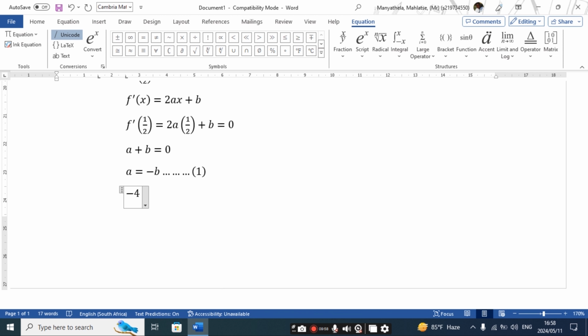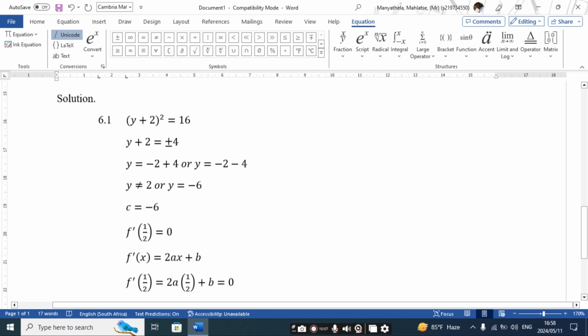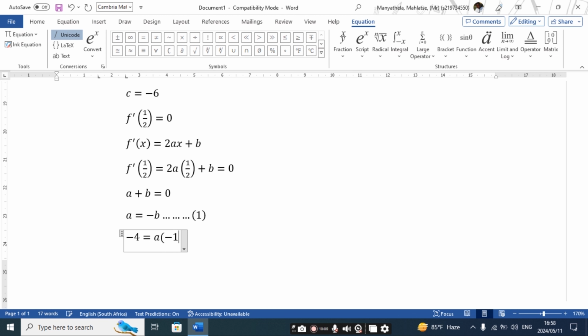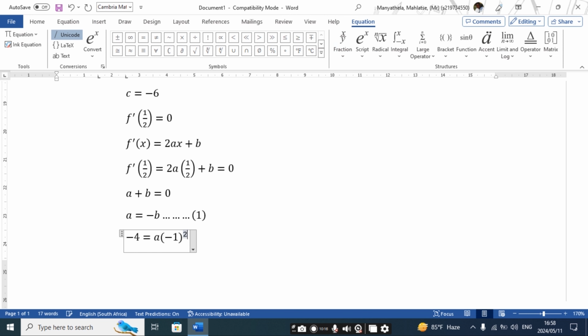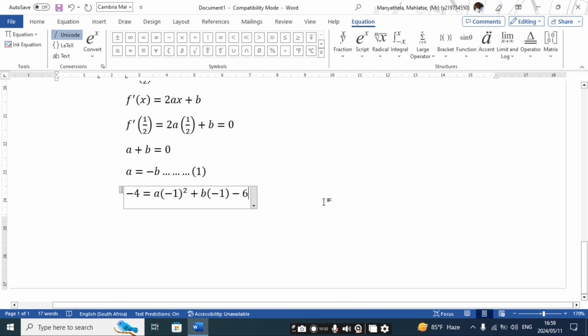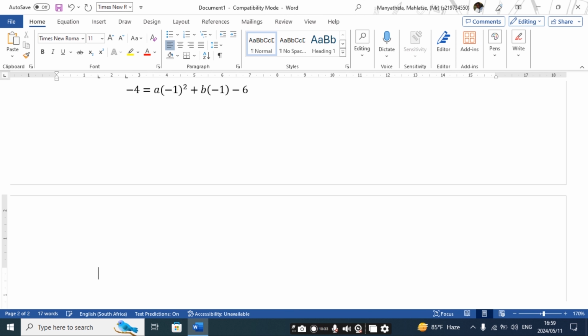So I know that when y equal to -4, x is equal to -1. So I'm going to say -4 equal to a times (-1) all squared plus b times x plus c, which is -6.